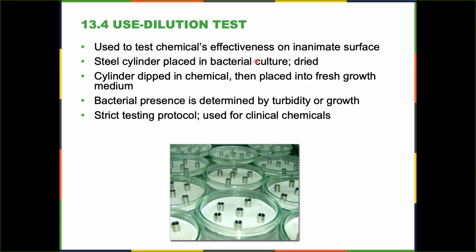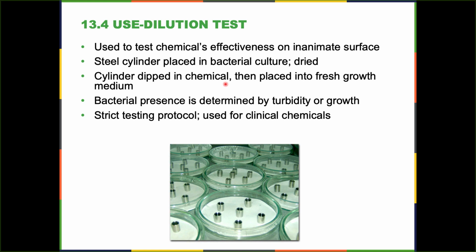So in a use dilution test, you take a steel cylinder, you place it in a culture, right? Basically, you're lacing this steel cylinder, this thing right over here, with bacteria, and then you let it dry on there. Once the bacteria have dried on these steel cylinders, you then place it into the chemical, whatever it is that you choose, for a certain amount of time.